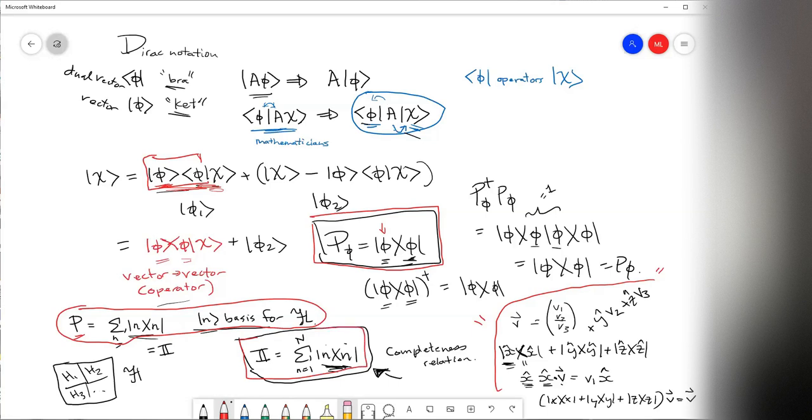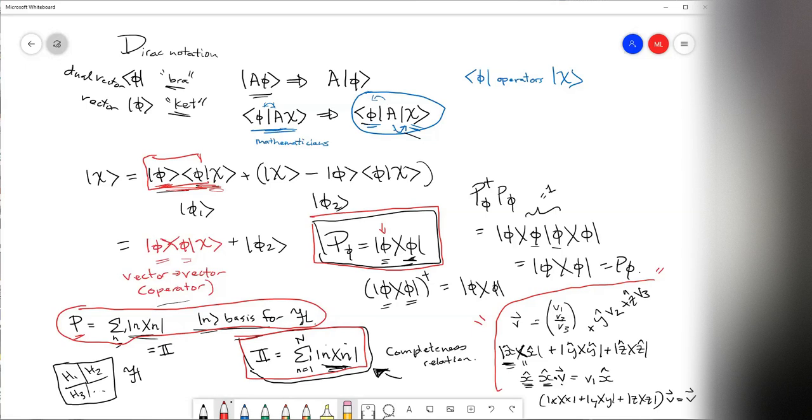So it must project you back onto the entire Hilbert space. Hopefully that makes sense.